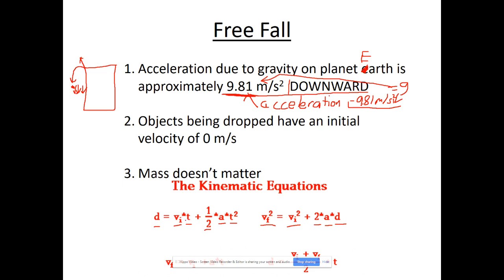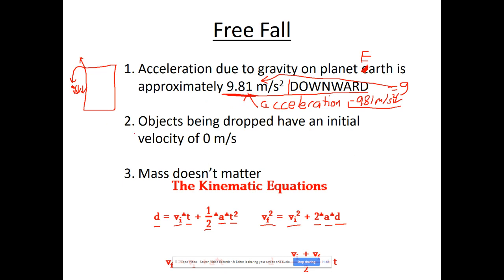You don't need to memorize these. I'm always going to have these on the board. They're always going to be in the red folders available to you. It's just important to know how to manipulate these so you can solve for different variables in class. So free fall again, on Earth, is 9.81 meters per second squared downward, or negative 9.81 meters per second squared.